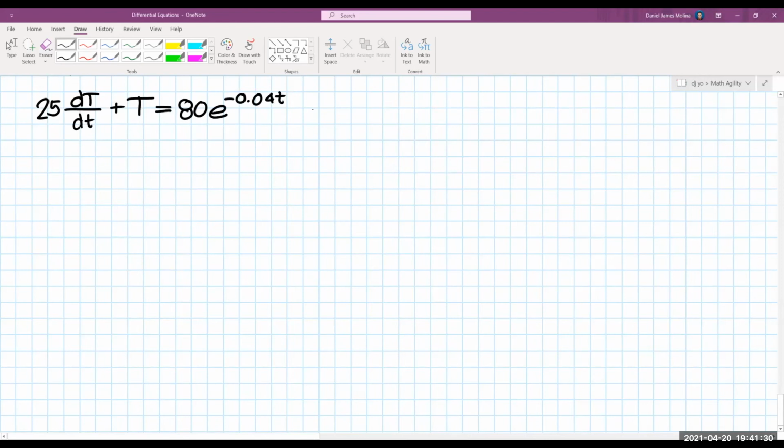I think usually for these kinds of problems, the capital T is sometimes used to denote temperature, and small t can sometimes be used to represent time. Just for you to know.